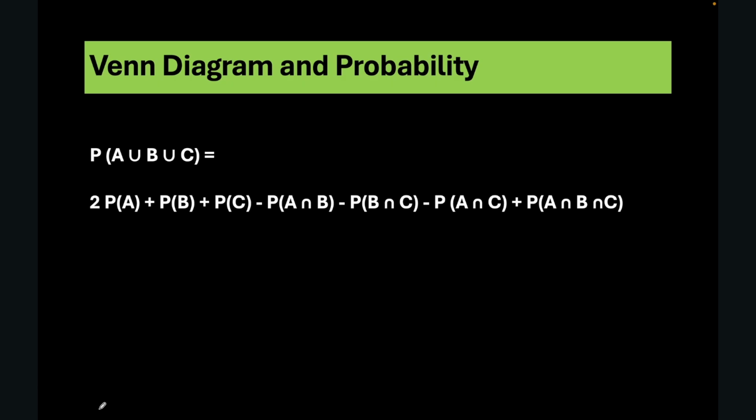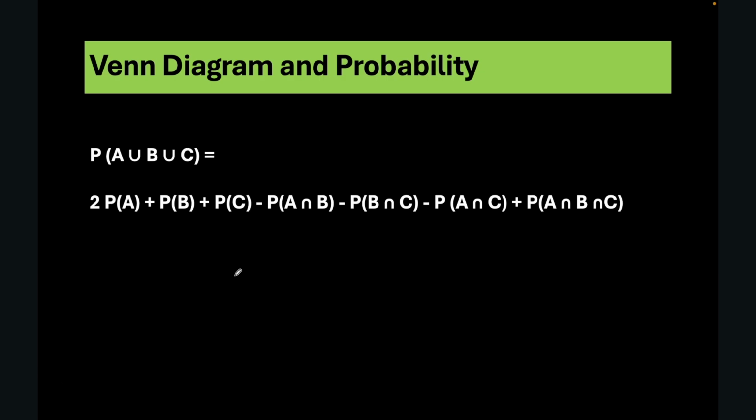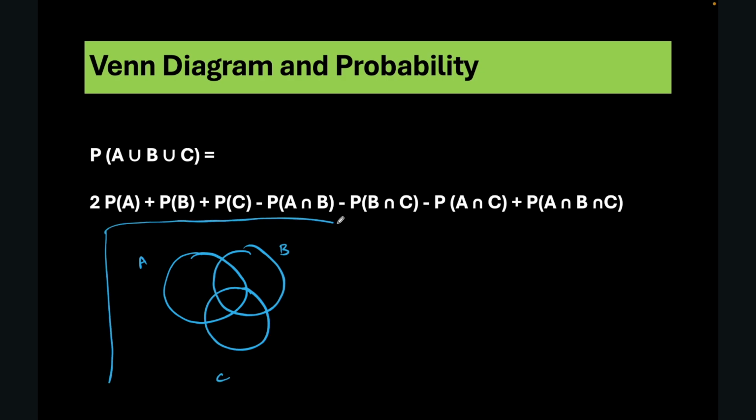Now this is for 3 Venn diagrams. Okay, let's draw it out. So I'm gonna draw little smaller circles here. 2 and 3. So I got my event A, event B, event C inside a set like this.